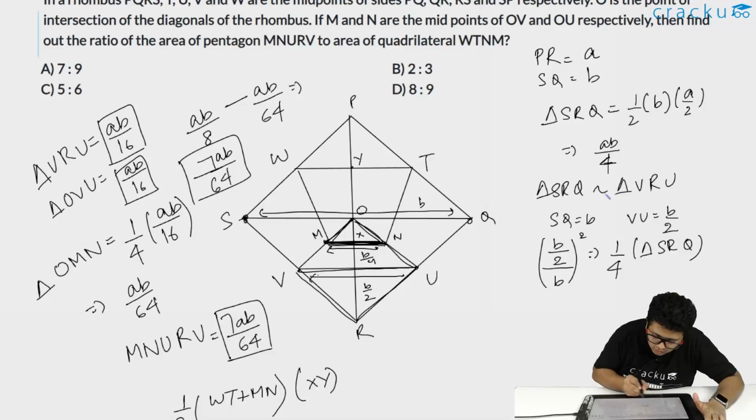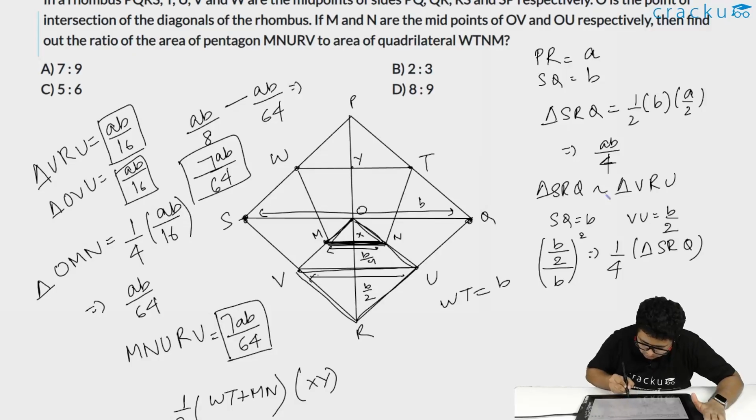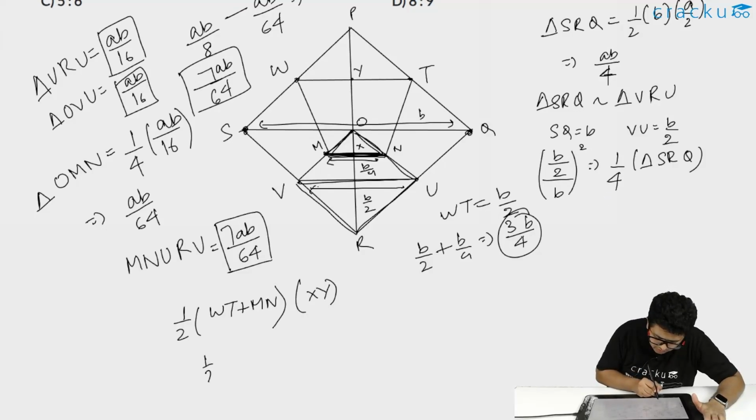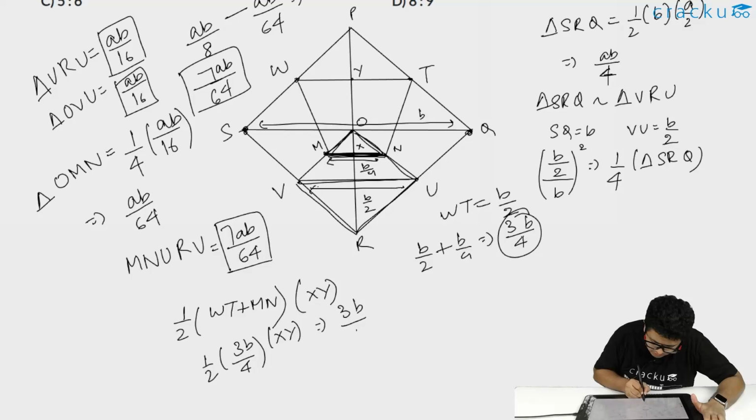SQ is equal to B, and using the midpoint theorem, where W and T are midpoints of SP and PQ, WT will be equal to B by 2. So the sum of parallel sides will be B by 2 plus B by 4, which is equal to 3B by 4. We'll substitute that in the formula. So it will be half into 3B by 4 into XY, so 3B by 8 into XY.